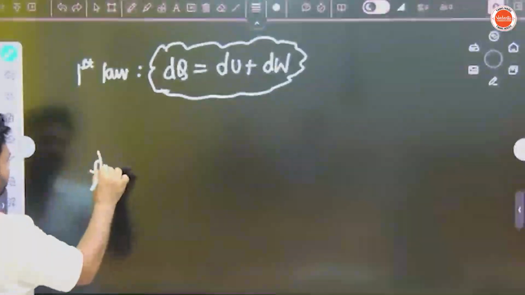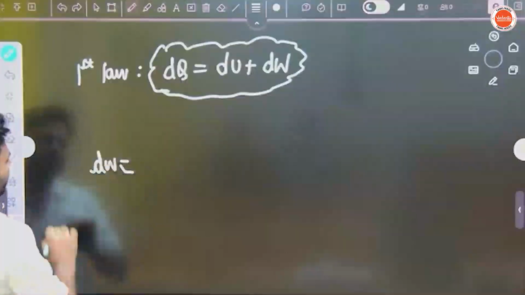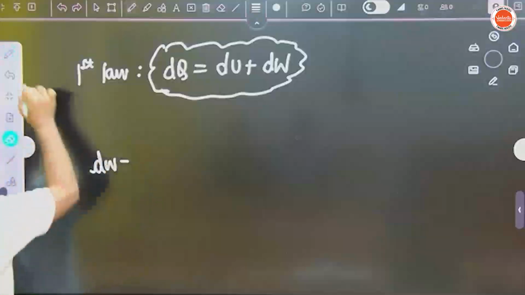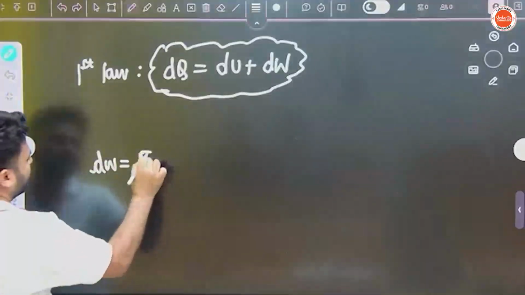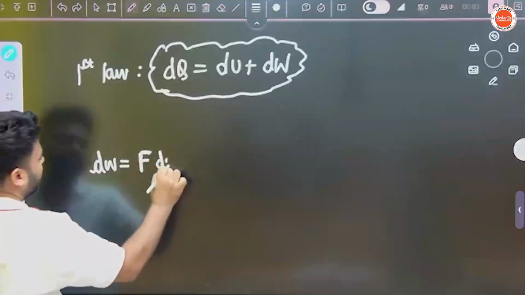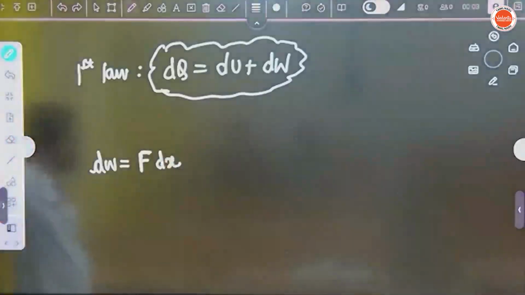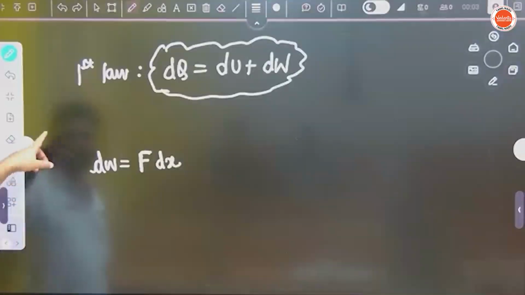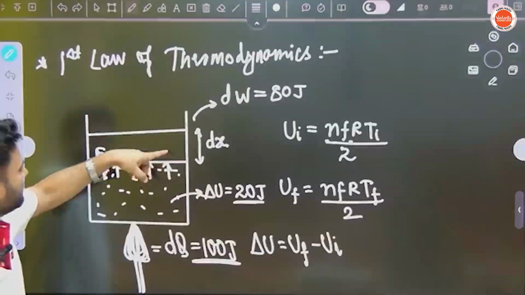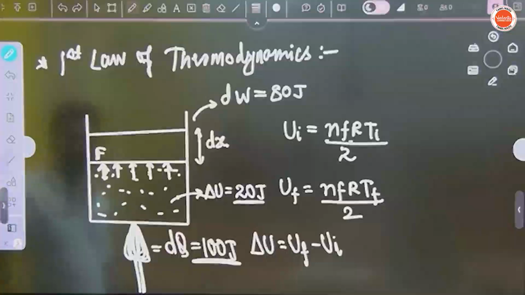Achha, work done. Someone asked, what is work done? What was the work done by the gas? How much did the gas apply pressure? It means force multiplied by displacement. Force on the plate, that lid cover, multiplied by displacement.